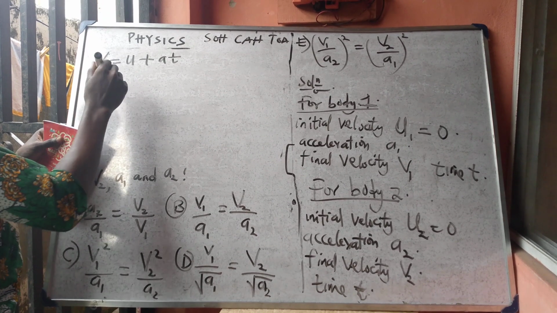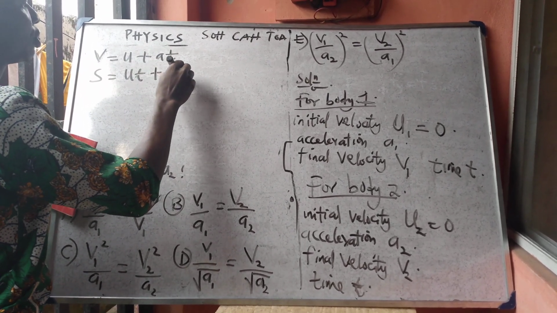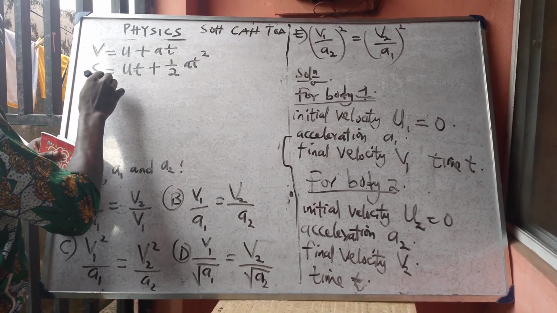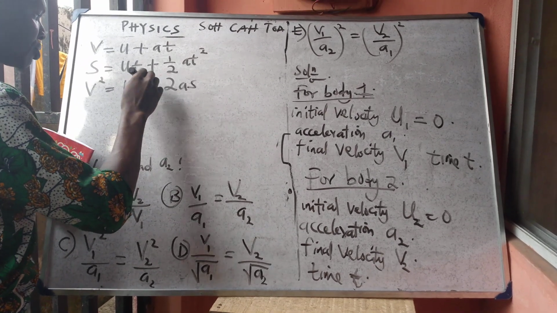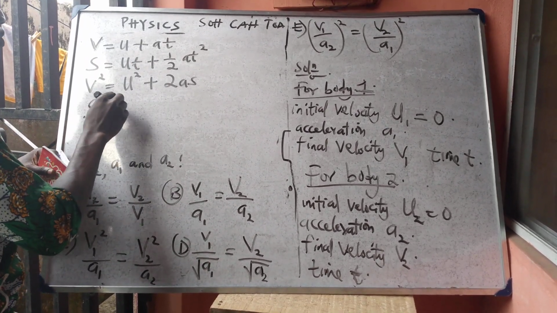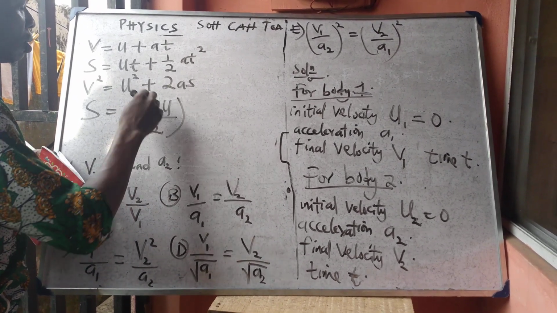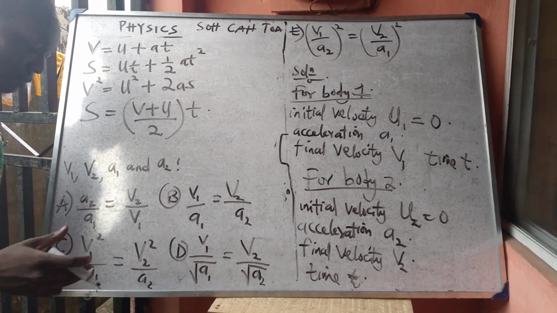The second one is S equals ut plus half at squared. The third is v squared equals u squared plus 2as. And lastly, S equals (v plus u) divided by 2 multiplied by the time t. That is average velocity times time.